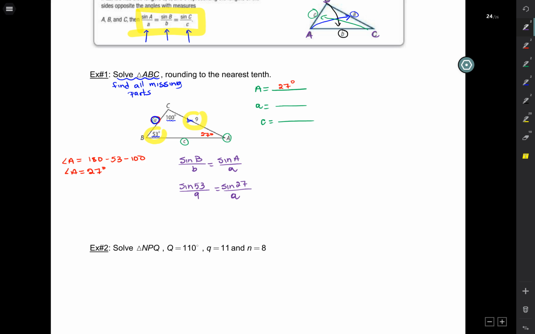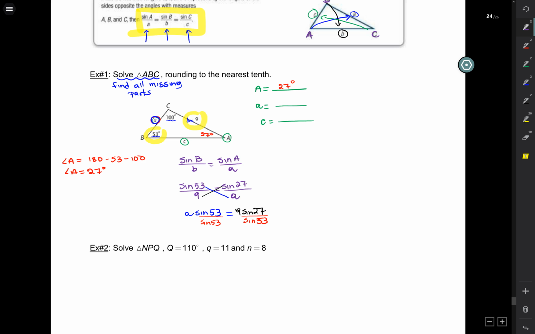Okay, so what I'm going to do is cross multiply. a times sine of 53 is equal to 9 times sine of 27. Now, to solve for a, I divide by sine of 53.